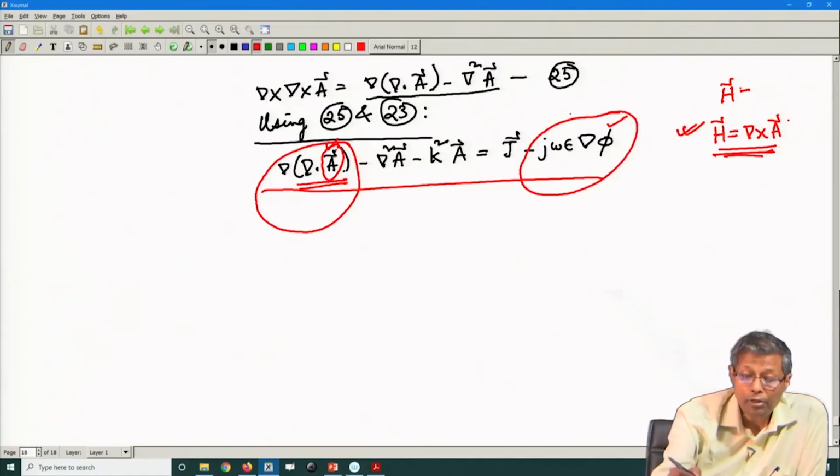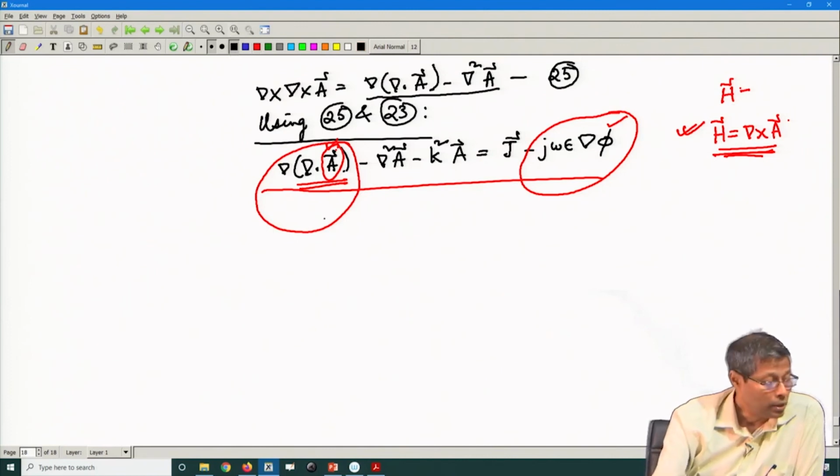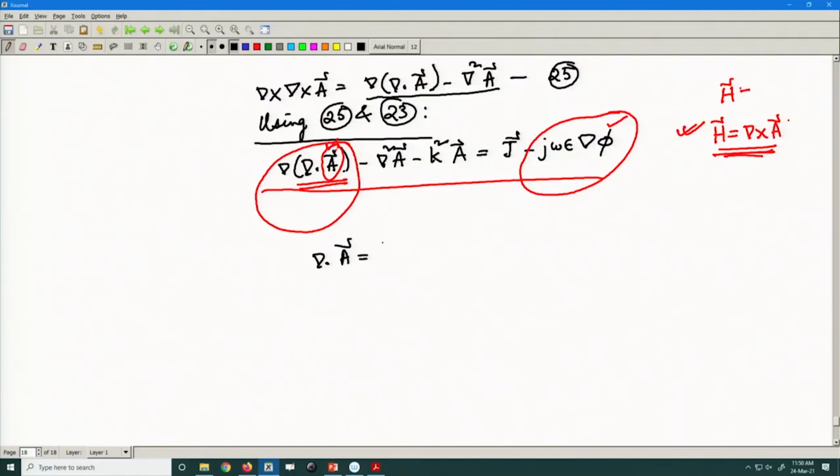And what will be that definition? That definition will be divergence of A equal to minus j omega epsilon phi, that is 27. We call this 26.